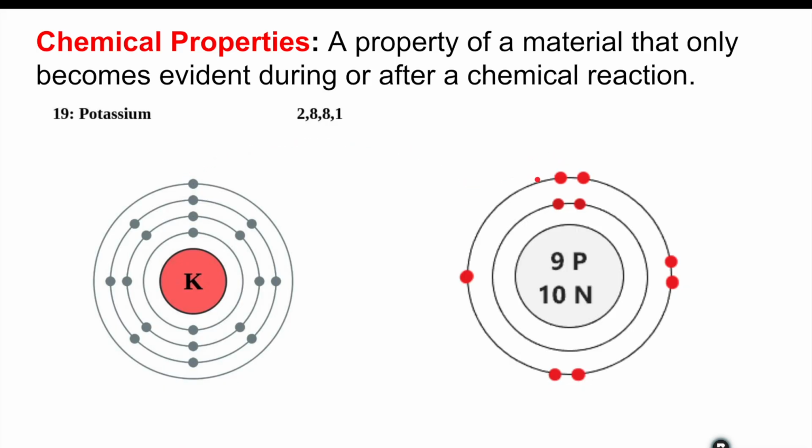And this is fluorine right here, and fluorine would love to pick up an extra electron. And so potassium will donate an electron to fluorine to complete its ring, and then this will allow potassium to have a complete set of rings.